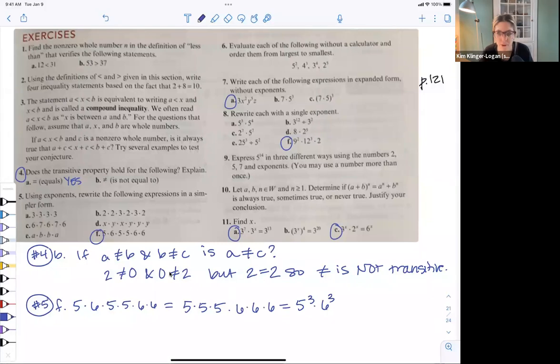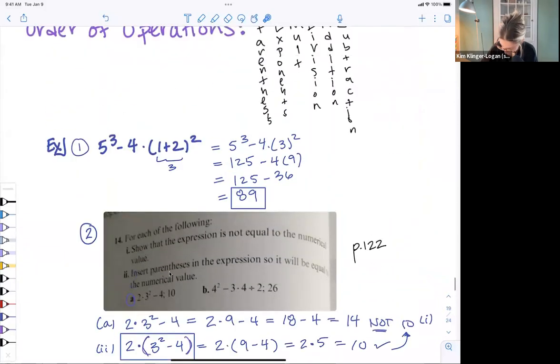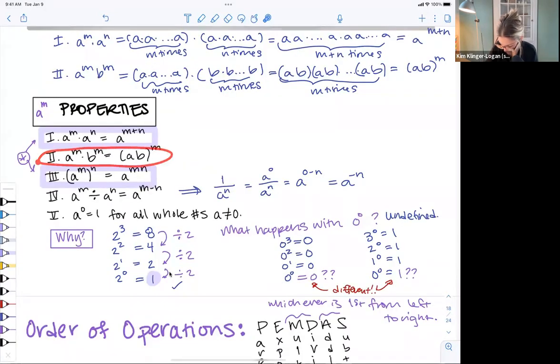And this is one way I would think would be a fine way to leave your answer. So I would accept this as an answer. But maybe they wanted us to simplify a little bit further. So you might notice that these bases are not the same, but the exponents are the same. And so I can go ahead and use property number 2.